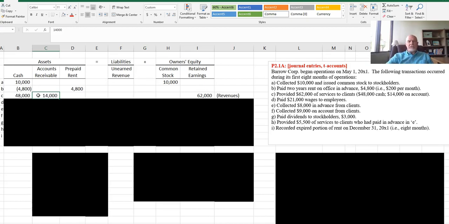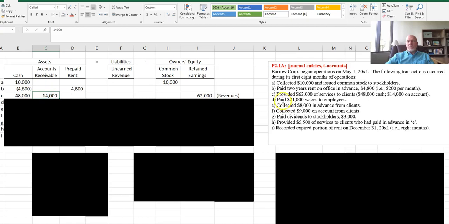So that's an asset. So add to accounts receivable. Anytime we are the customer and we buy something on account from a vendor, that would be a liability. We would call that accounts payable. We don't have that in this example. So that was transaction C.